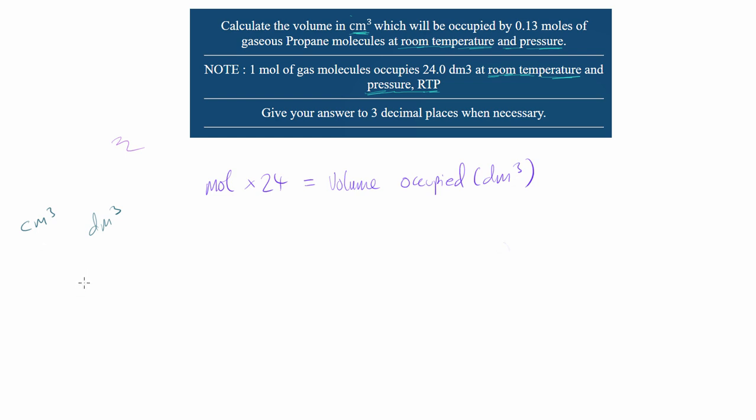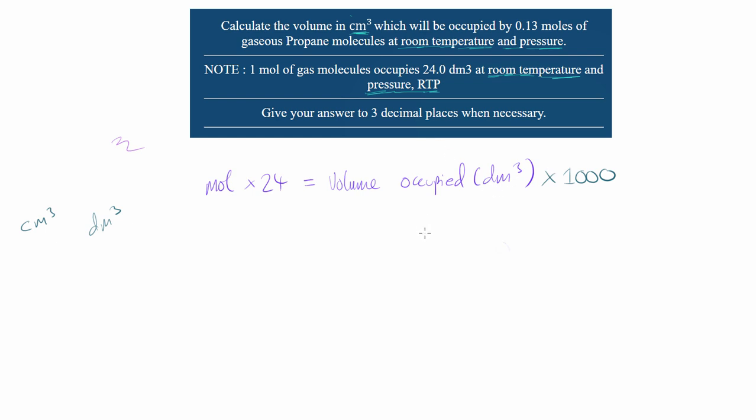So effectively, if we wanted to convert this in decimeters cubed to centimeters cubed, we would have to multiply this by 1000, right? And once we do that, we'd get our answer in centimeters cubed, right?